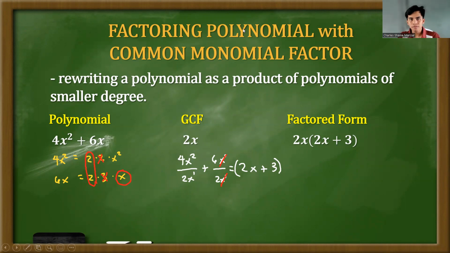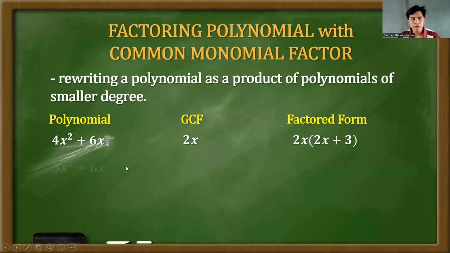So let's have another example para mas lalong maintindihan. So for example, we have 3x squared plus 6x. Hanapin ulit natin yung GCF. So we have 3x squared and 6x.